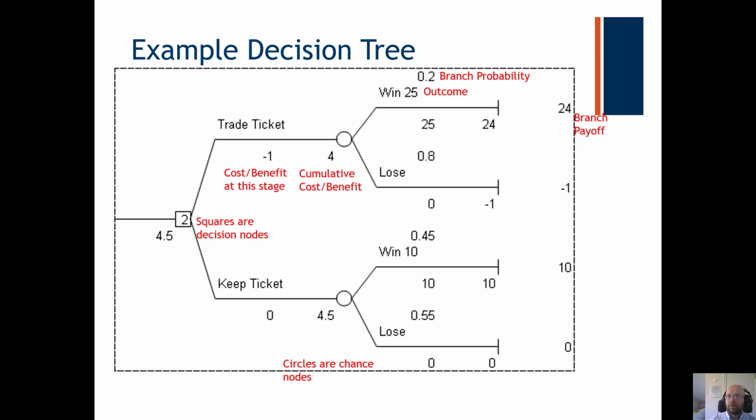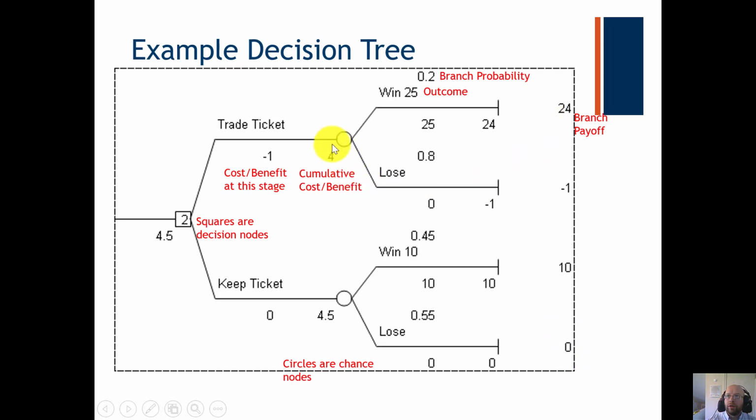Consider this option: if you trade the ticket, you're going to get $25, but then you spent $1, so up here in the top right is $24. That's if you win. If you lose, you're going to get minus $1. If you kept your own ticket, you don't have to pay anything, so you're going to get the $10 or the $0.